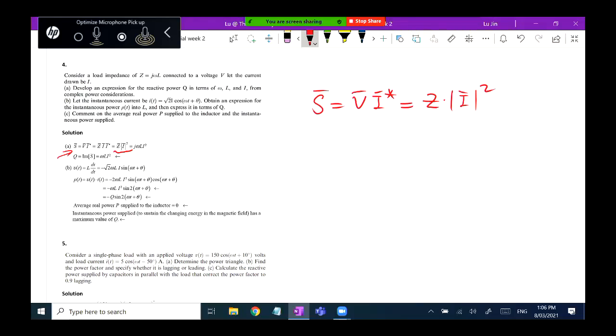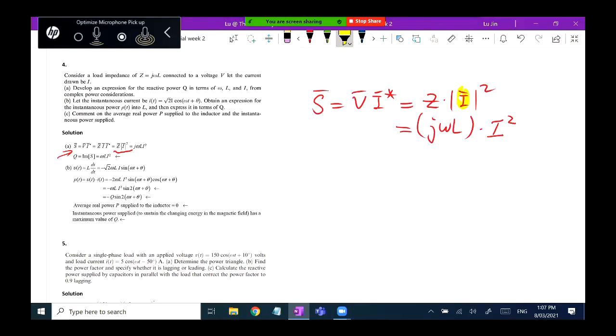So what conditions do we have? The Z impedance has been given, so we just copy it down: j omega L for the inductance, okay? And multiplied by the current flowing through. You can find the notation has changed.